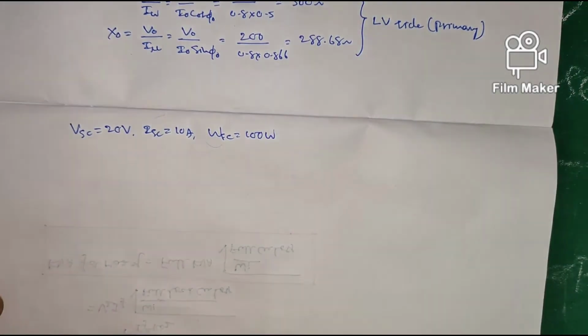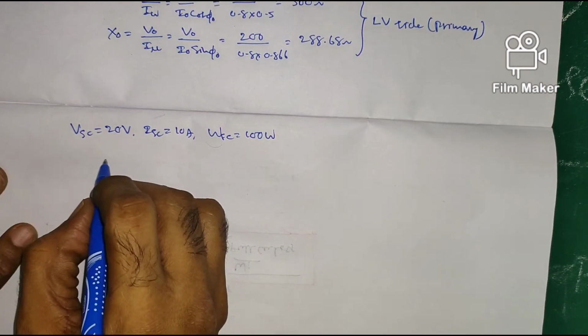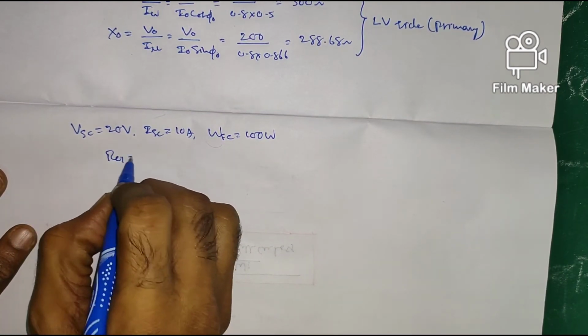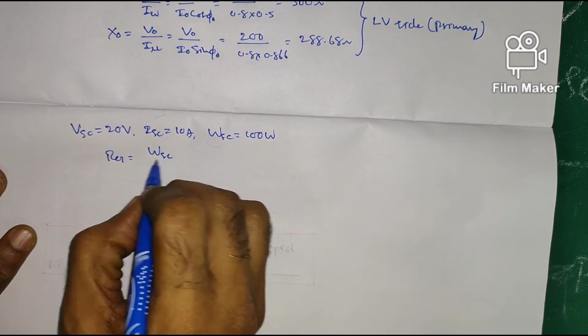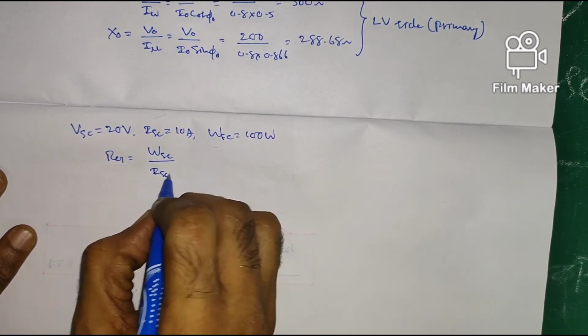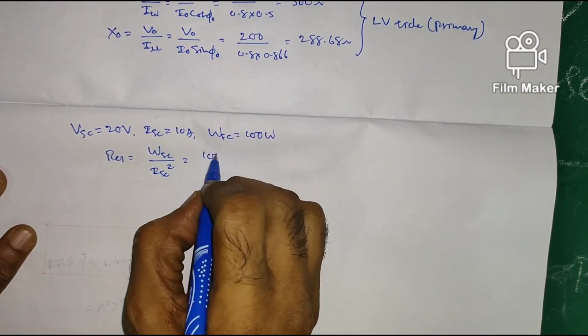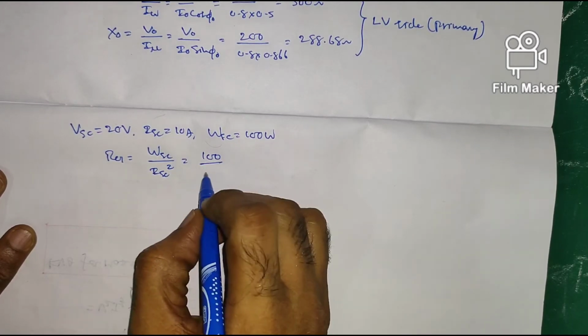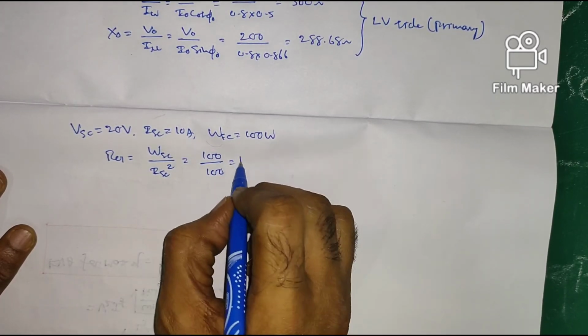From this you can find out the value of R01. R01 is equal to WSC divided by ISC square, that is 100 divided by 10 square. 10 square is nothing but 100, which will give you the value of 1 ohm.